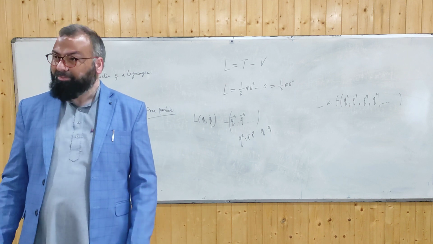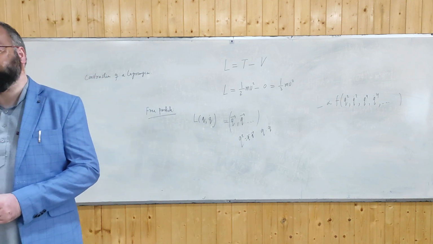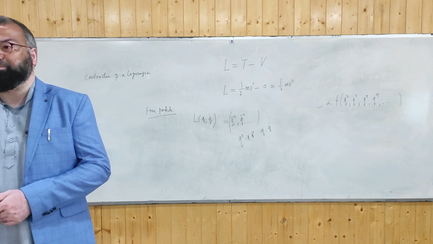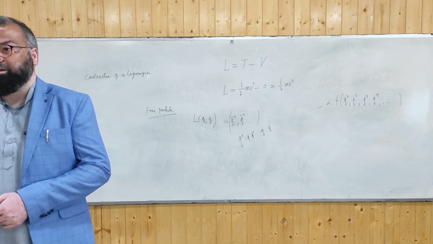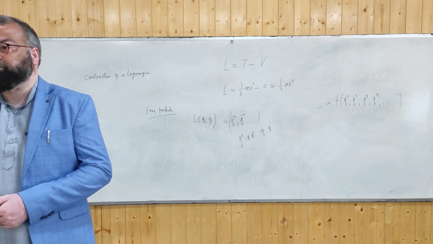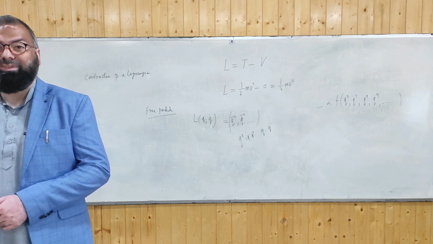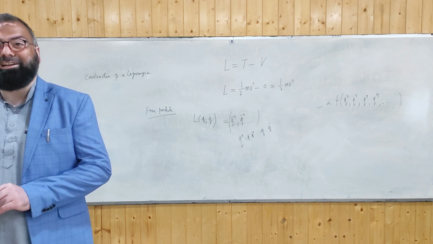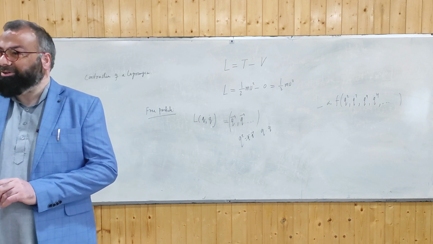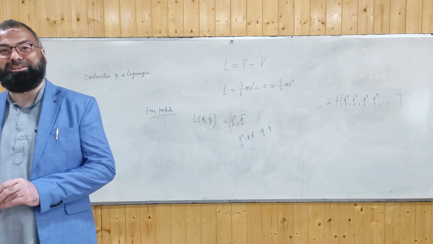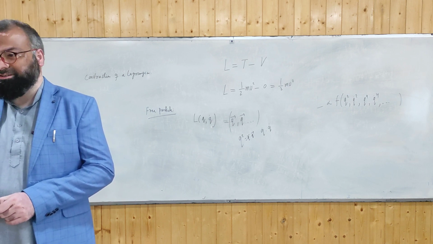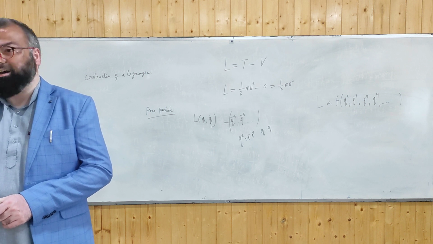Okay, the first argument: for a free particle, it should not depend on the position square. Why? Why should this L, this energy function, not depend on the square of the position?